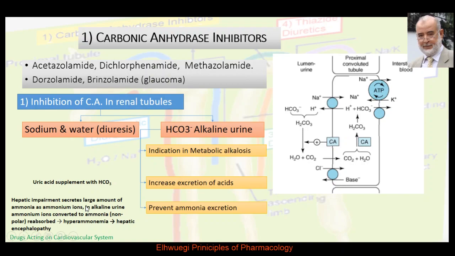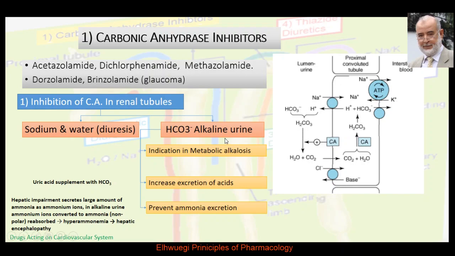Why? What is the reason? Because these people usually produce a large amount of ammonia, which is secreted in the urinary filtrate by glomerular filtration. Inside the urinary filtrate, ammonia will be ionized into ammonium ions, which are polar and will be excreted.